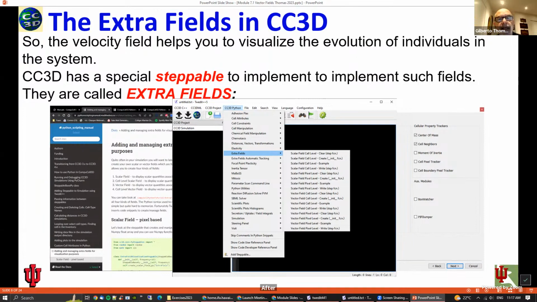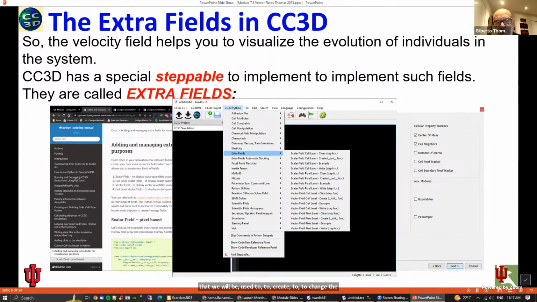The steppable file way to introduce extra fields is a way if you want, for example, more operations, more calculations that will be used to change the fields, the state of the cell, something like that.